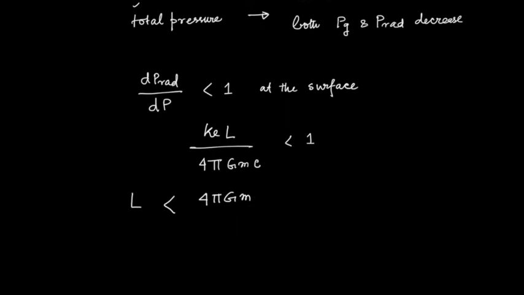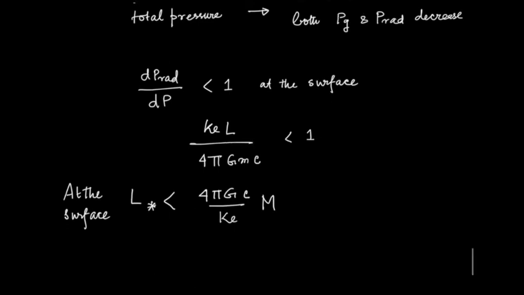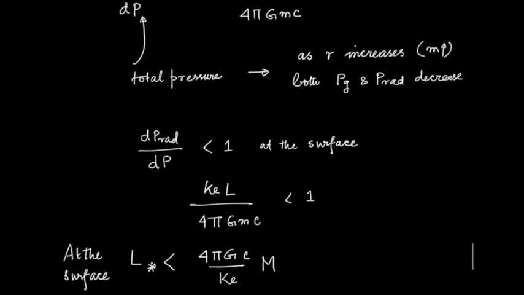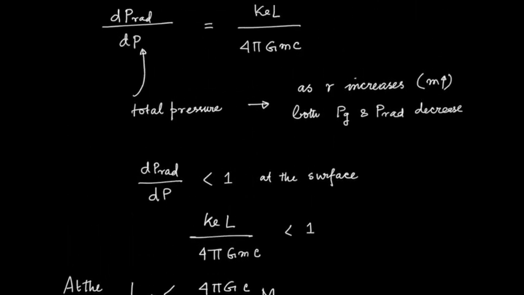So because we are talking about the surface, let me be more precise. This is L star, and this now is the mass of the star. So this is 4 pi G c divided by kappa times the mass of the star. When is this true?